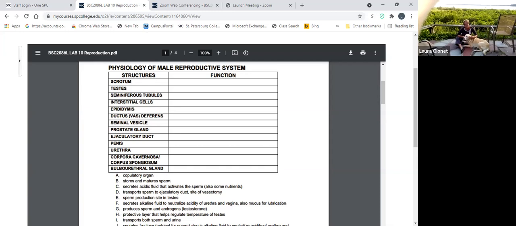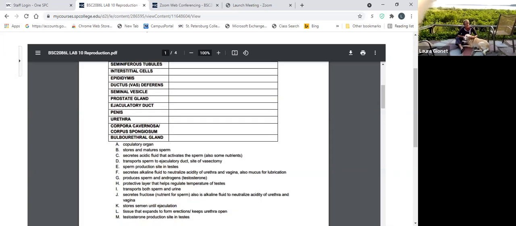H, protective layer that helps regulate temperature of the testes. That would be the scrotum. I, transports both sperm and urine. That would be the urethra. J, secretes fructose or nutrients for sperm, also alkaline fluid. That would be the seminal vesicle.